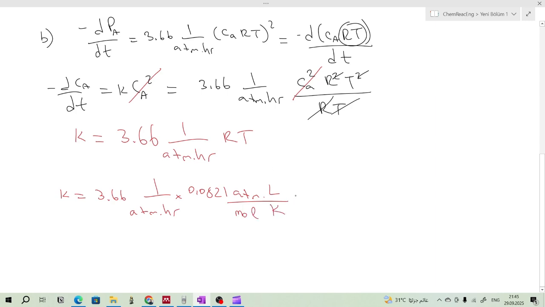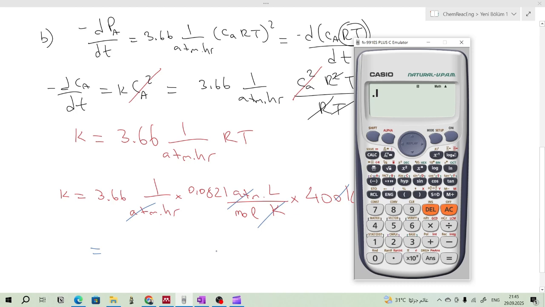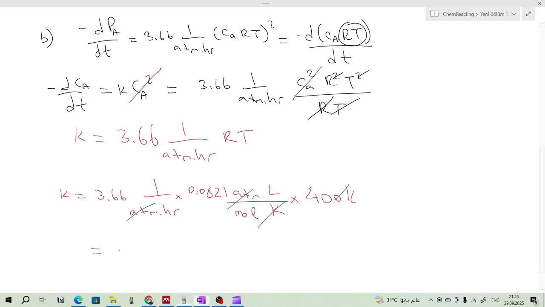This is R, multiplied by 400 Kelvin. Some things will cancel each other, Kelvin with Kelvin, atm with atm. I think we have 400, not squared, just 400. So we have 120 liter per hour mole.